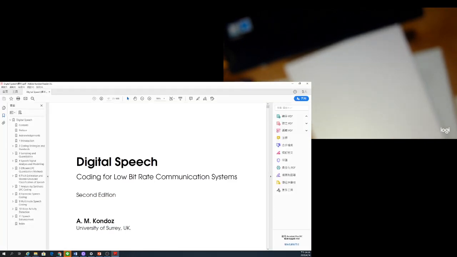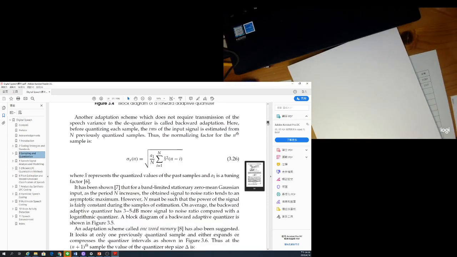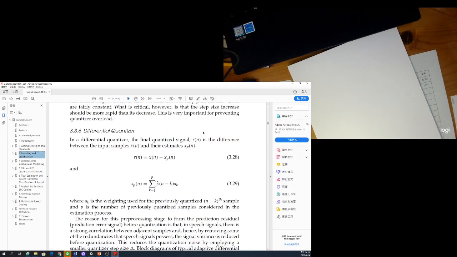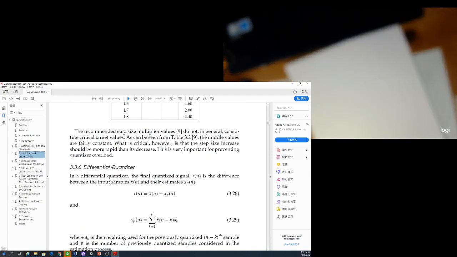Okay, so we are right now talking about quantization, chapter 3. Let me double check what we are missing.